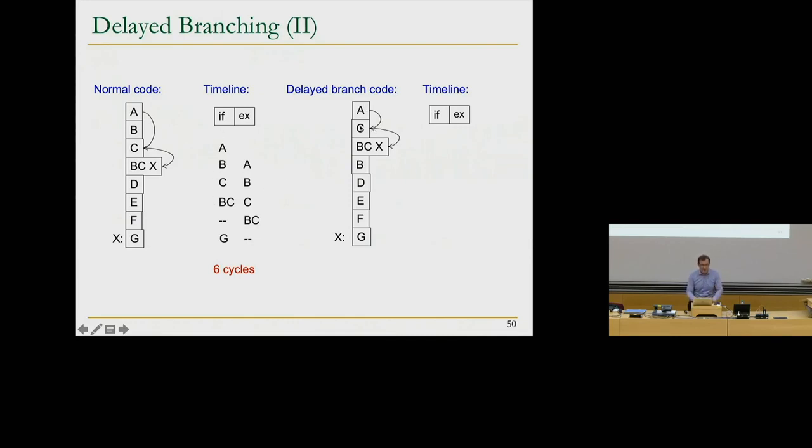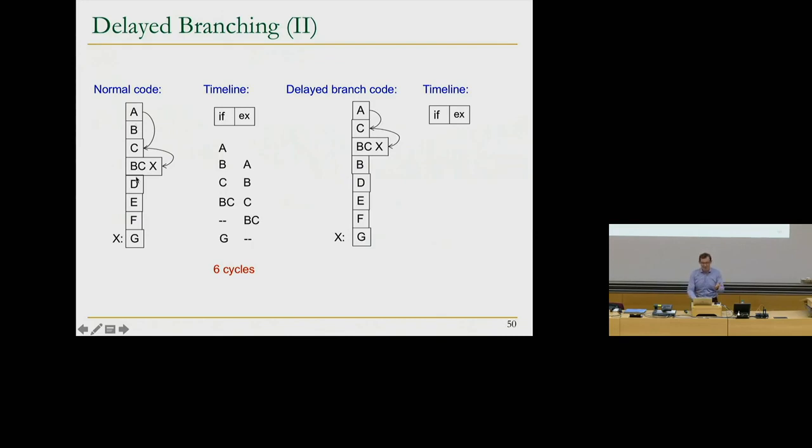So the idea of delayed branching is, in this case, to add one delay slot after the branch. And we're going to redefine the semantics of the branch to say that the instruction that comes right after the branch in code sequentially is always executed. The branch takes effect after one instruction. And now it's my job as the programmer or the compiler to figure out an instruction to fill the delay slot with. And luckily, I see that instruction here, right?